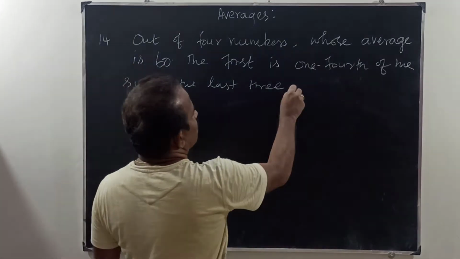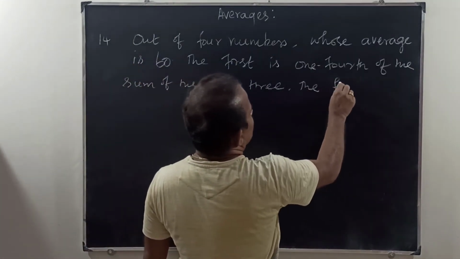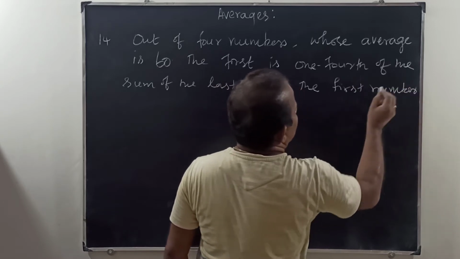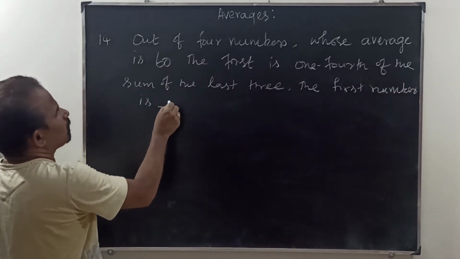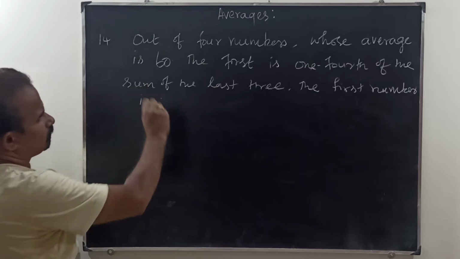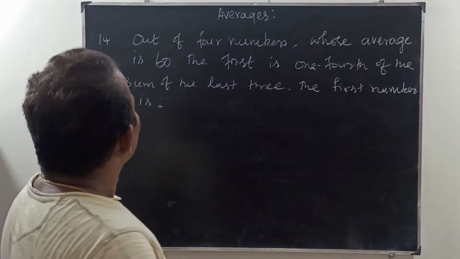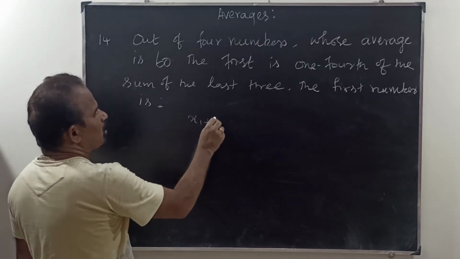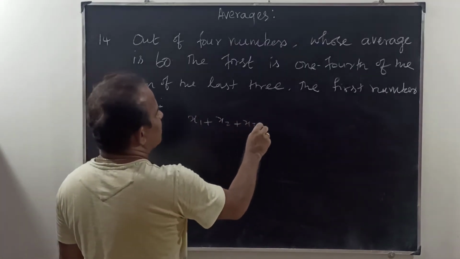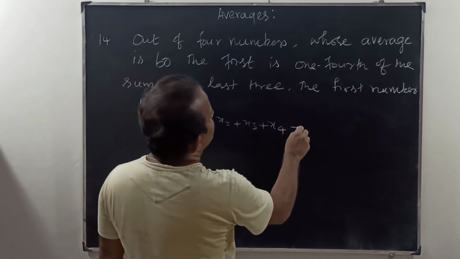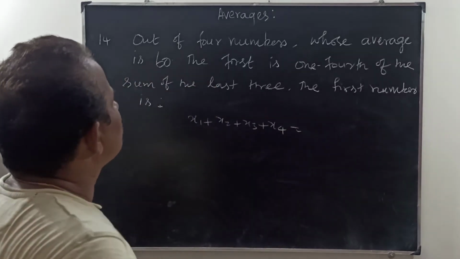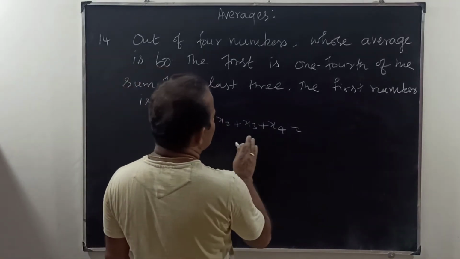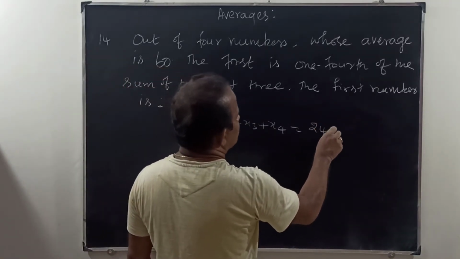The first number is what? There are 4 numbers, x1 plus x2 plus x3 plus x4, whose average is 60, so the sum divided by 4 is 60. Therefore the sum is 240.